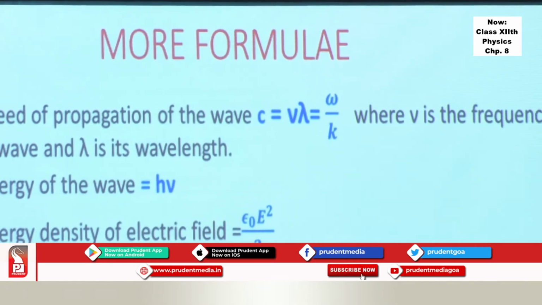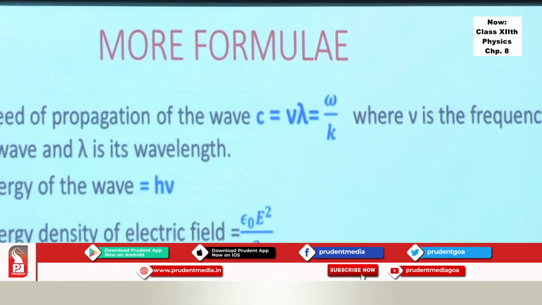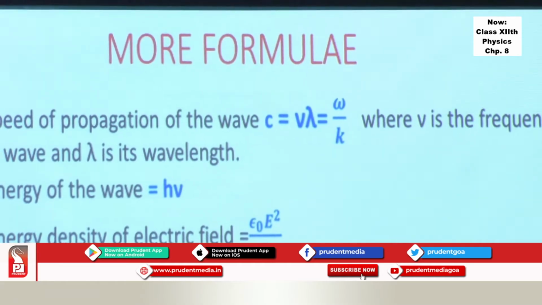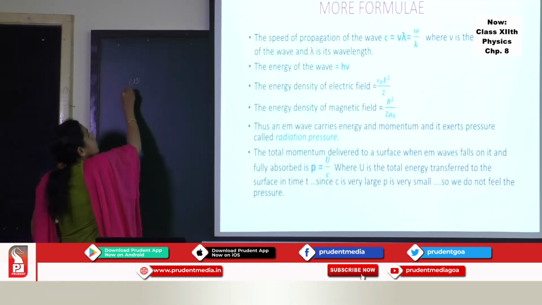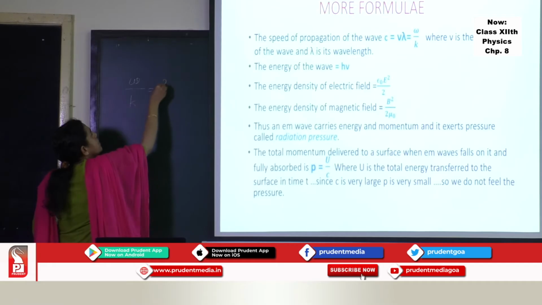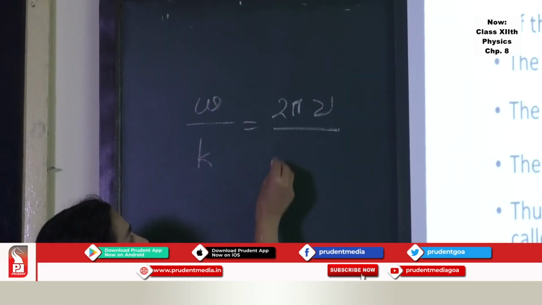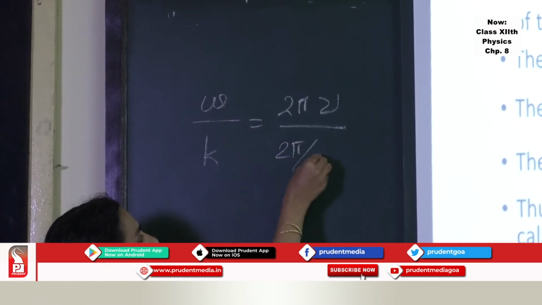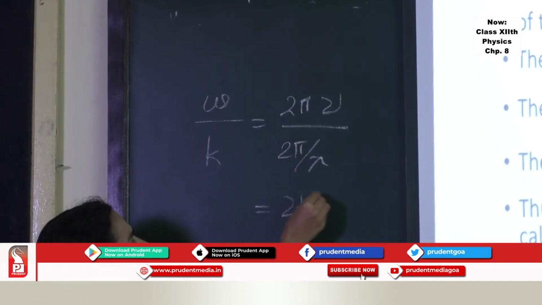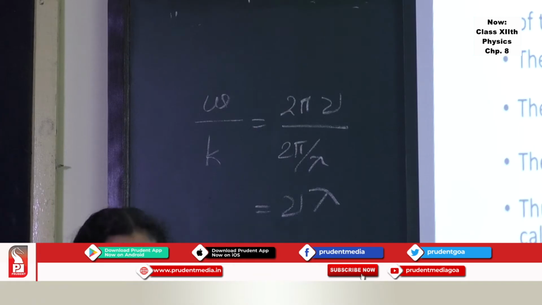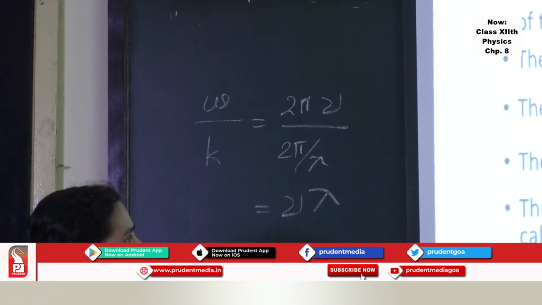K is 2 pi upon lambda. Therefore, omega upon k will be 2 pi into frequency upon 2 pi upon lambda, which is nothing but nu lambda. Another way to solve problems.